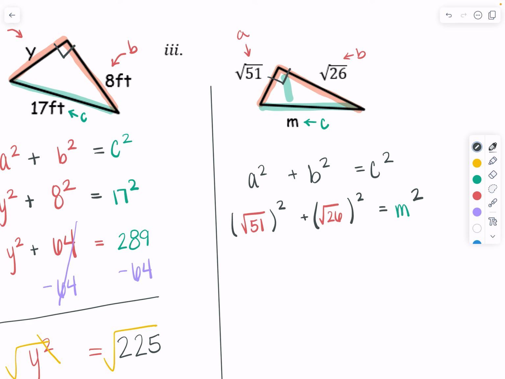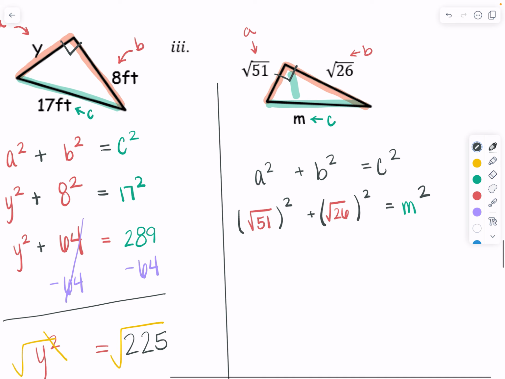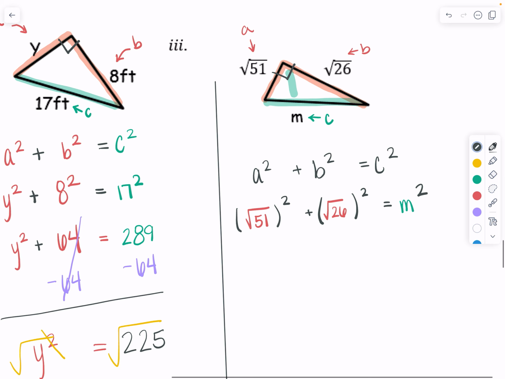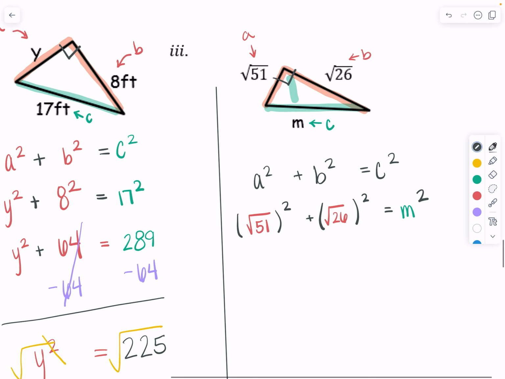It looks funny, but the squared and the square root are actually going to cancel each other out. And so the square root of 51 squared, those will cancel and give me 51. And then the square root of 26 squared is going to give me 26. And then that's going to give me m squared.